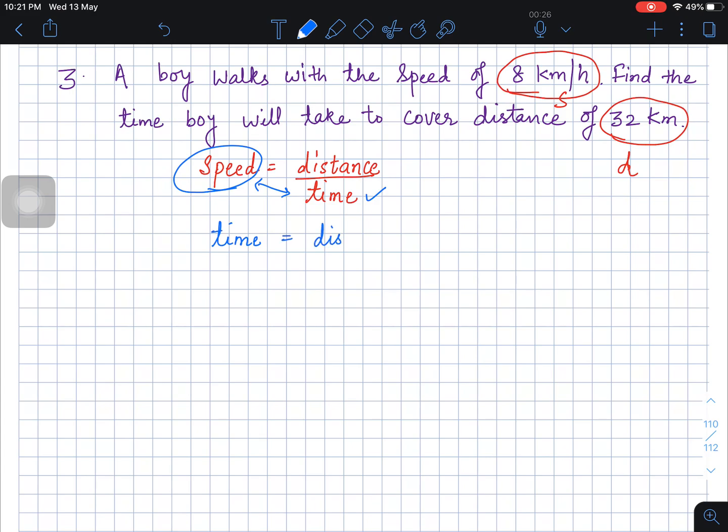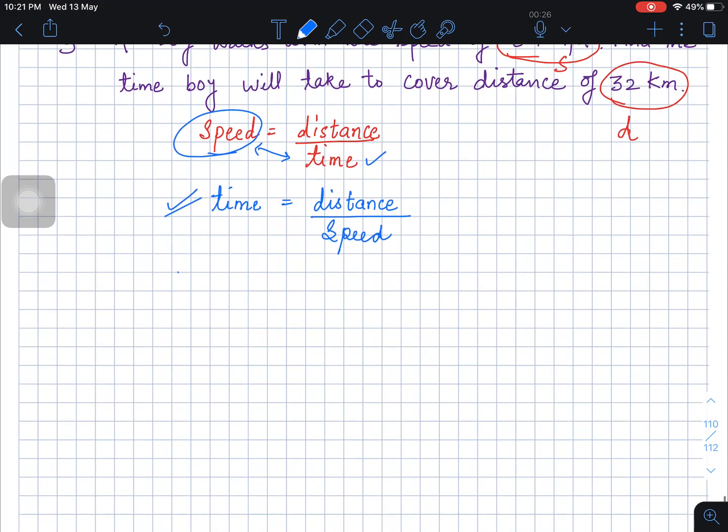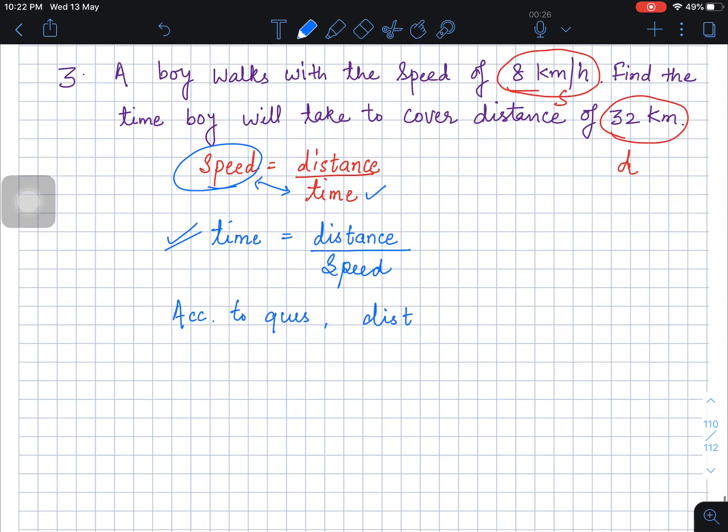So time is equal to distance upon speed. Now this makes sense because I have to get time. Now you can put the numbers. According to the question, distance is 32 kilometer and speed is 8 kilometer per hour.